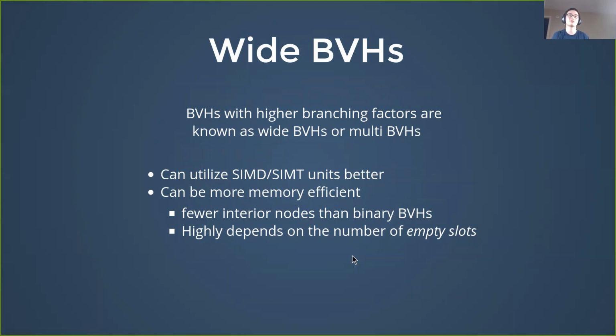Also, the other technique widely used, especially nowadays, is wide BVH. BVHs with higher branching factors are known as wide BVHs or multi-BVHs. They can utilize SIMD or SIMT units better because we can test one ray against multiple bounding boxes at the same time. They can be more memory efficient because there are fewer interior nodes than in binary BVHs.